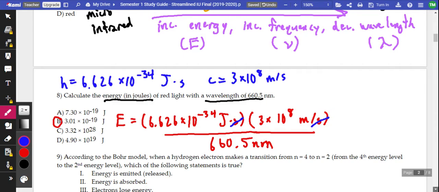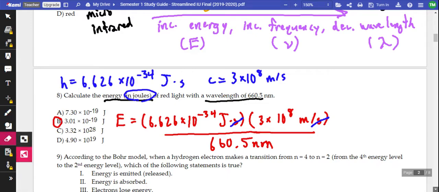I want energy in just joules, so I'm on my way to getting joules alone. But if I want the meters to cancel out, it's going to cancel with this. So I either have to change my speed of light or change my wavelength to have the same units. I would probably change the wavelength. I think it's going to be easier. So I want to change this to be regular meters instead, so that it matches and cancels out.